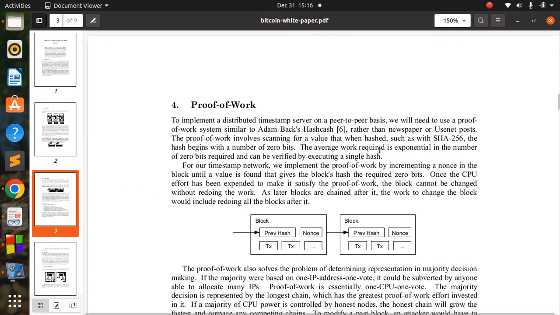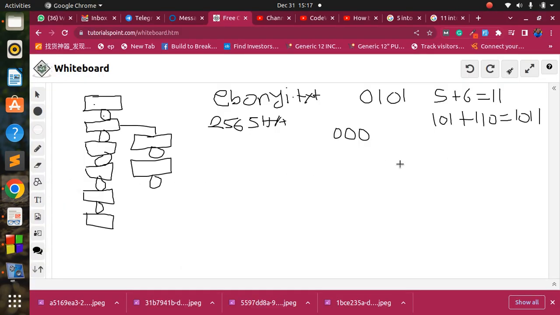The average work required is exponential in the number of 0 bytes required. Exponential means multiplied by a particular number. So if the number of 0 bytes required is 10, then you have to multiply this by 10.